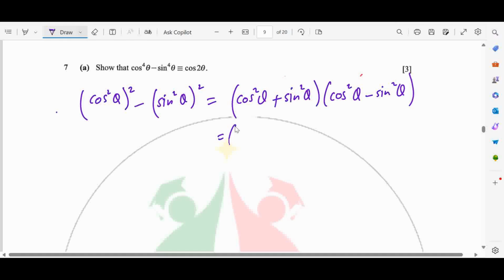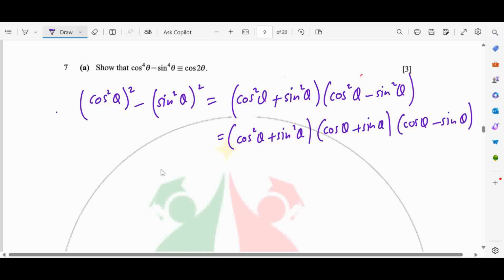Now this will be cos square theta plus sin square theta into cos square theta minus sin square theta. In fact, we don't need to simplify it from here. We can directly write it as it was, because this thing is an identity.